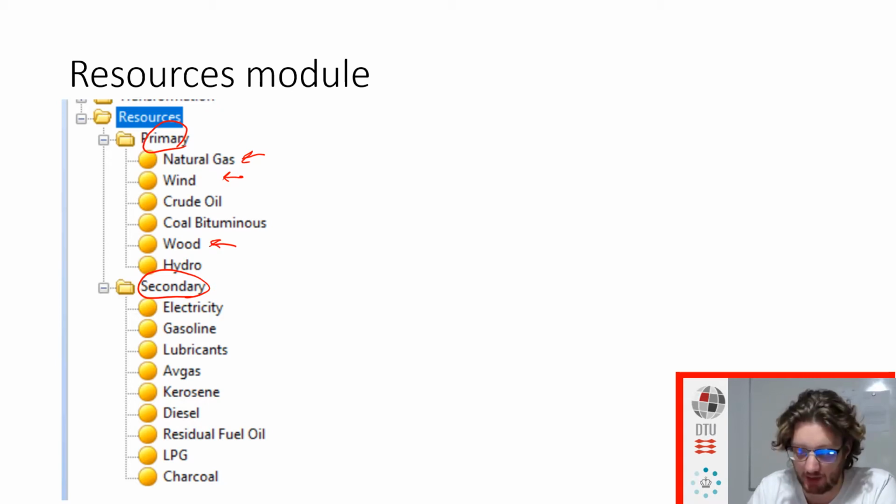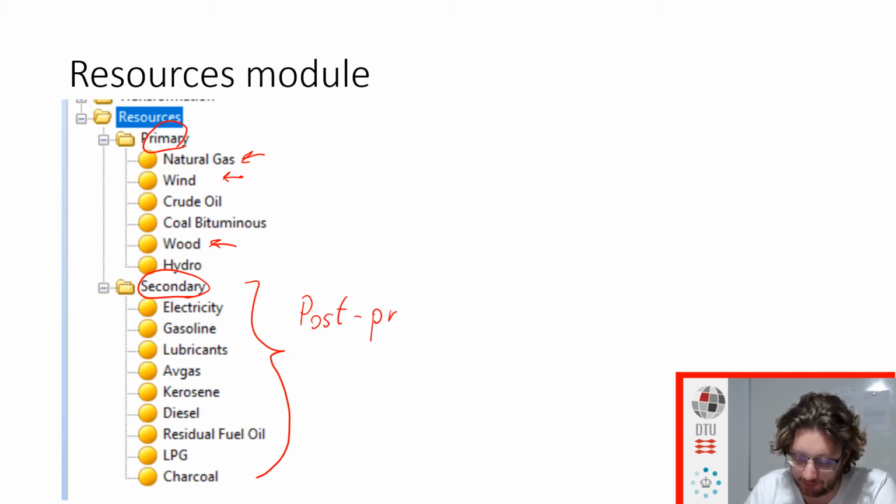The secondary is whatever can be made from all these other fuels, or can be directly imported. These had some process to make them, so they are like a post-process fuel. That's how we define the secondary fuels, both in LEAP and most other places.